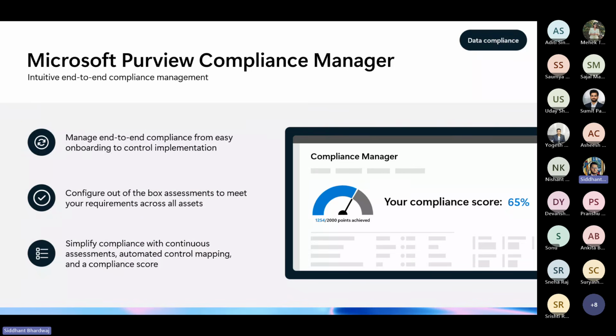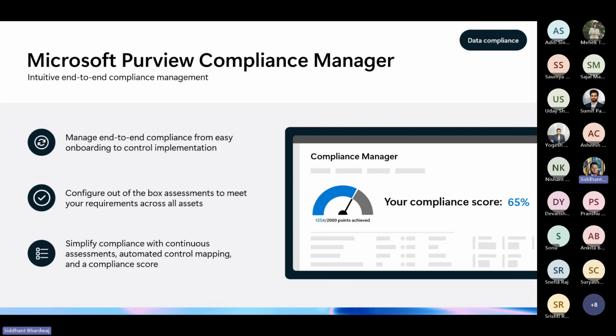Now, when we talk about compliances, what compliances and what to manage? In your case, it might be that you have a custom area where 30 different compliances are applicable. How do you manage the compliance across all these different parts? This is where Compliance Manager comes in, which helps you manage compliances end to end while easily onboarding all your controls.